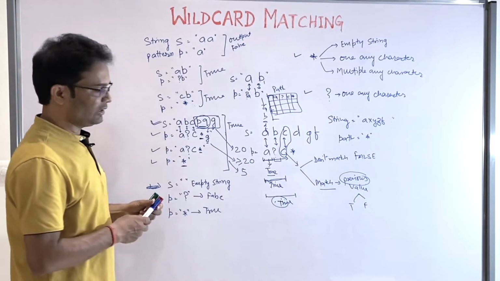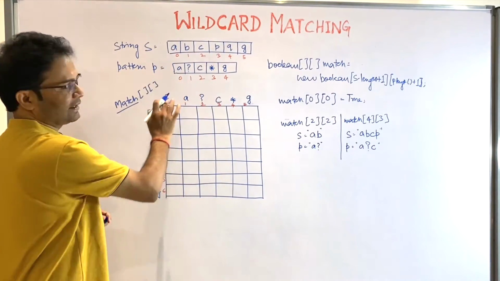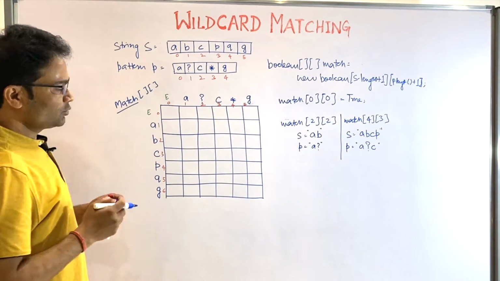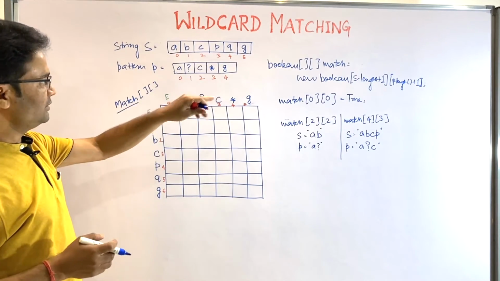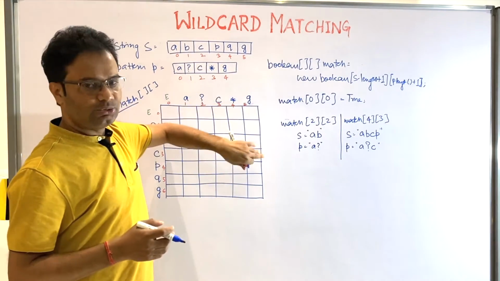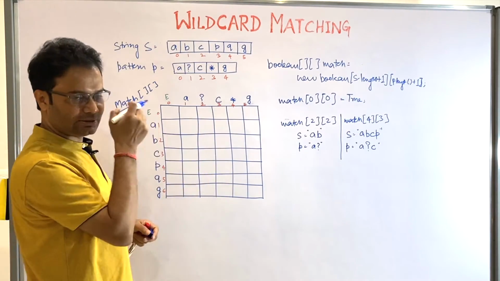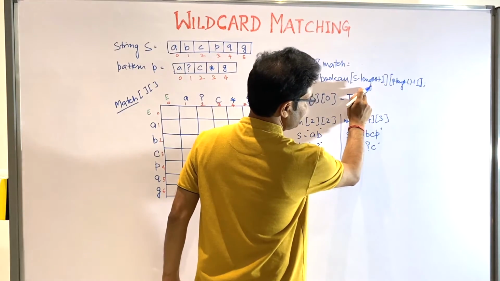Now let me rub the board and take the example. Suppose you have the string S and the pattern P, and you can see I have just given the indexing, right? To solve the problem, I will use a 2D Boolean array. I will name this 2D array match, and of course the size of this 2D array would be one greater than the string.